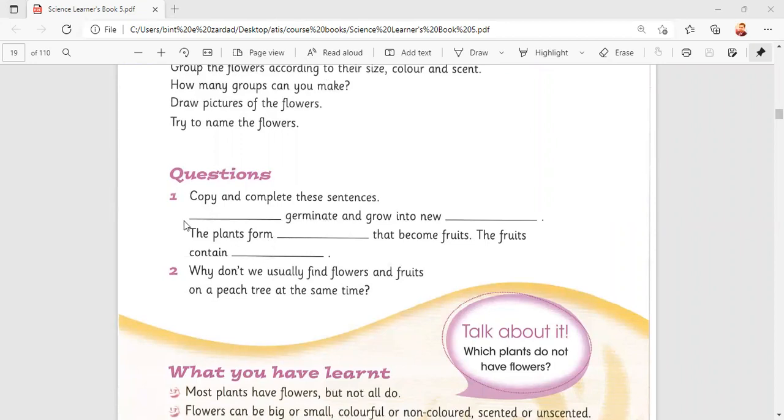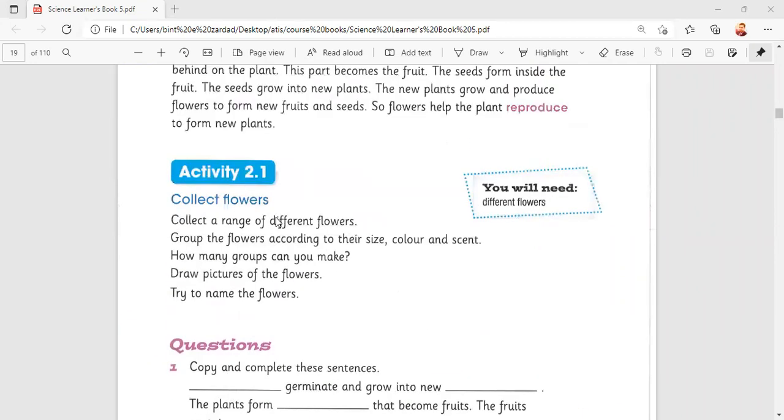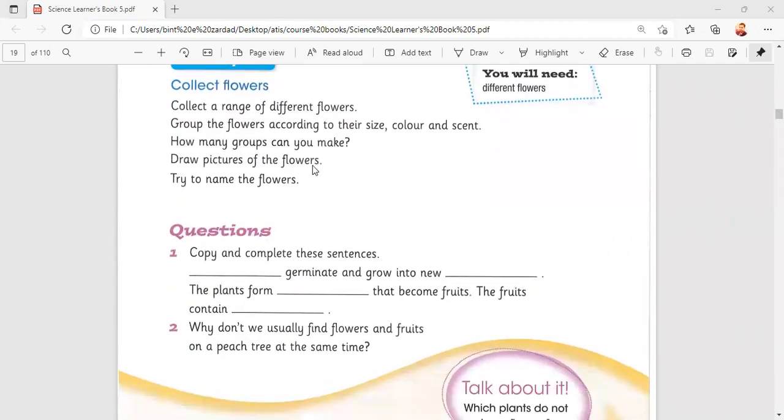Fill in the blanks. Dash germinate and grow into new dash. So these are the fill in the blanks. We can say a life cycle about it. All the information is given here. So let's do it. Dash germinate, obviously seed germinate.